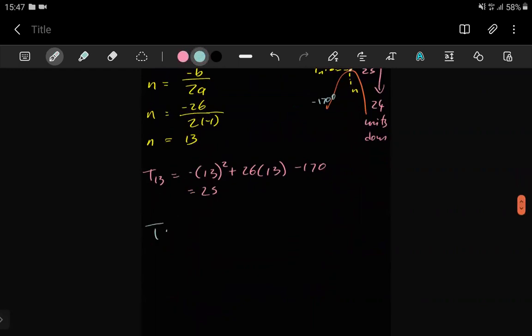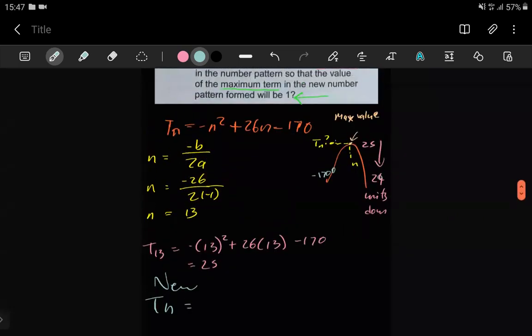We say the new general term will be, let's say here new. It'll be everything here minus 24. So it'll be like negative n squared plus 26n, and then we're going to have here minus 24. And then the other thing is it's a 4-mark question.